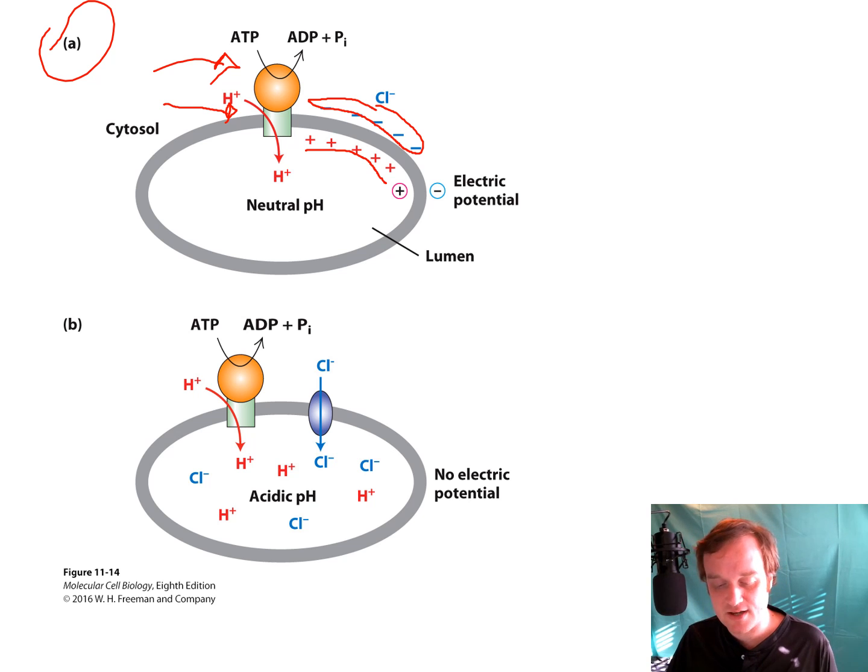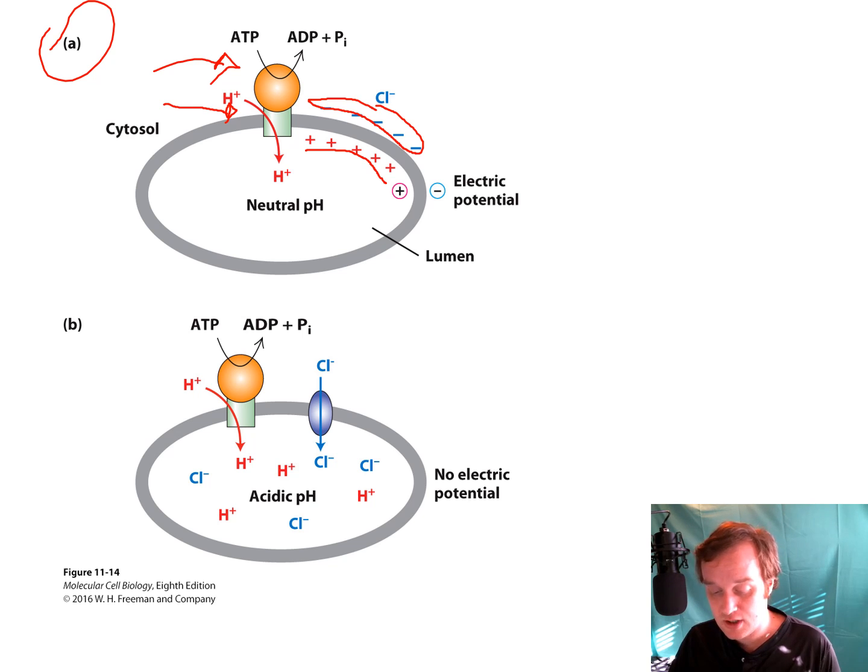But now if we were to combine that pump with a chlorine channel, this chlorine channel facilitates the transport of chlorine ions through the membrane and gets rid of the electrical potential.